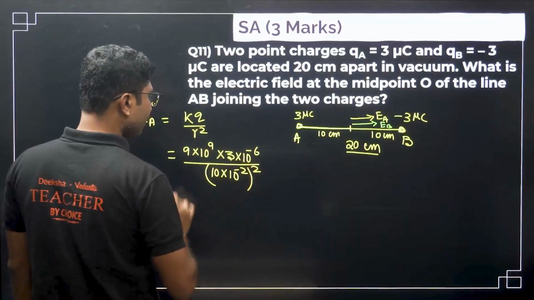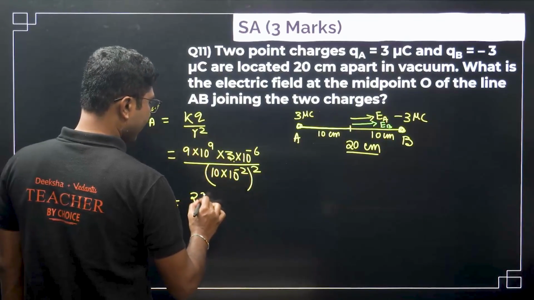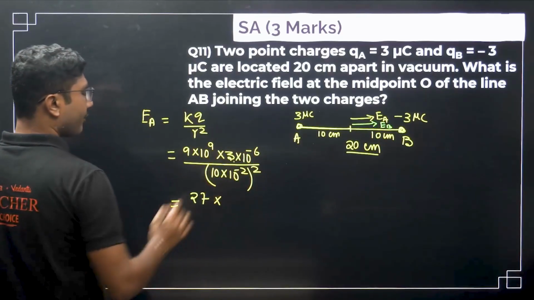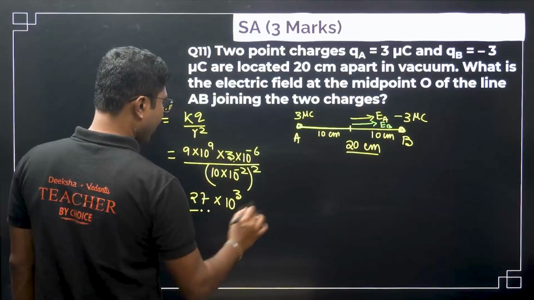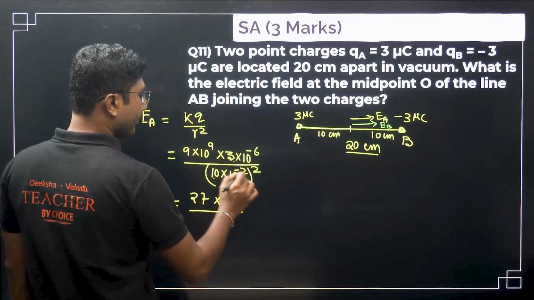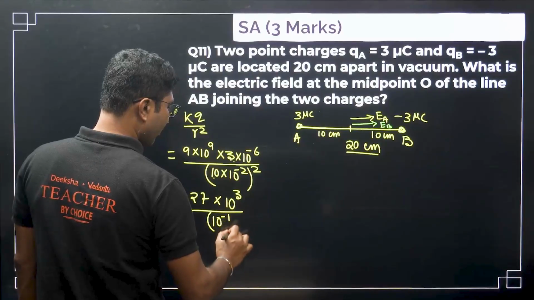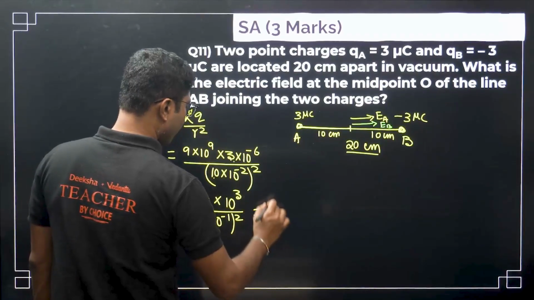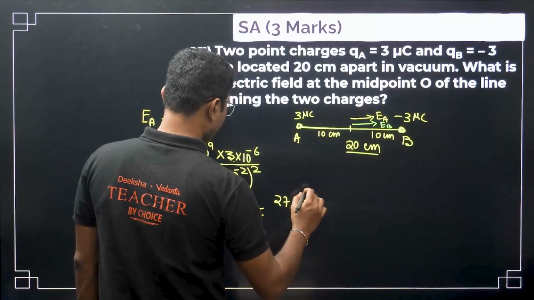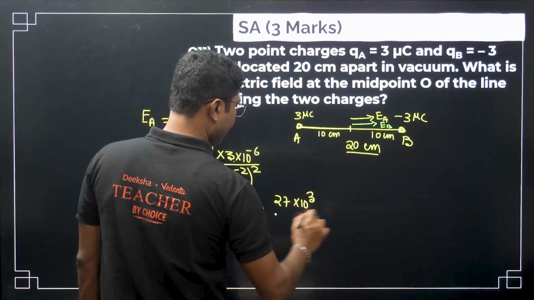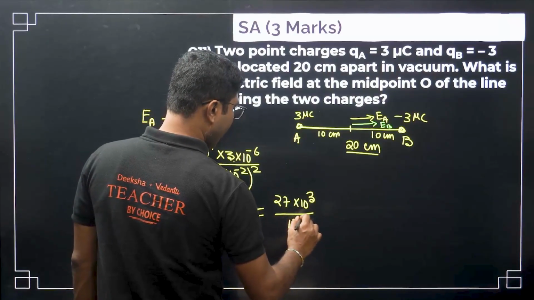Now let's simplify. 3 9s are 27. 10 to the power of 9 into 10 to the power of minus 6 gives 10 to the power of 3, divided by 10 into 10 to the power of minus 2, that means 10 to the power of minus 1, whole to the power 2. So it will be 27 into 10 to the power of 3 divided by 10 to the power of minus 2.